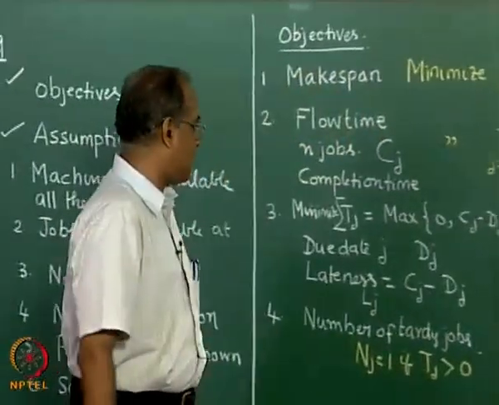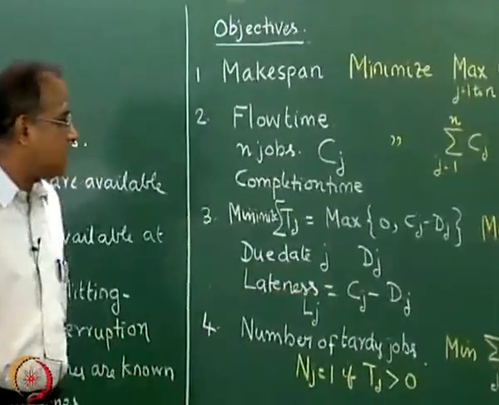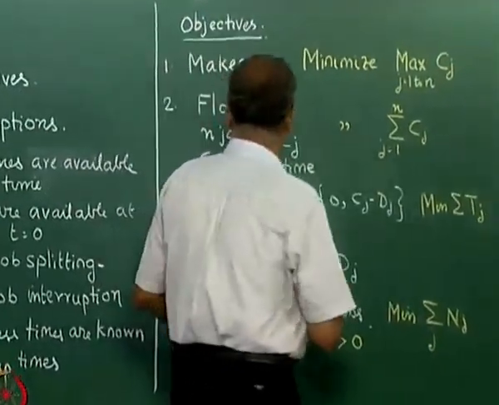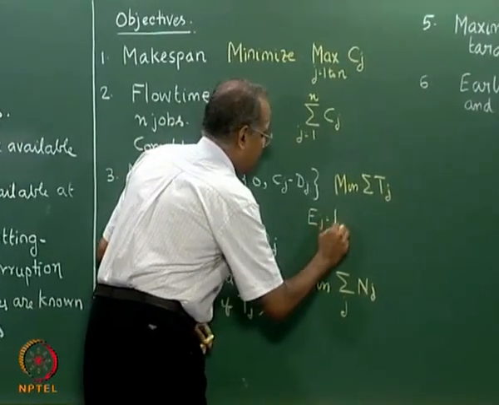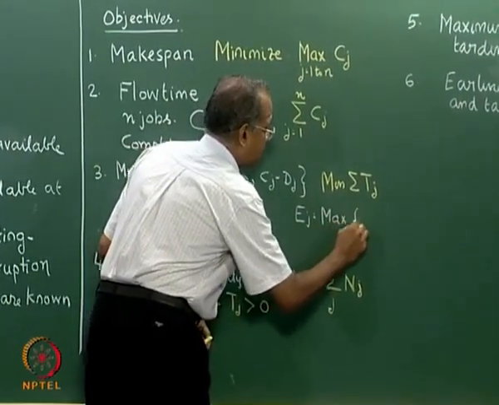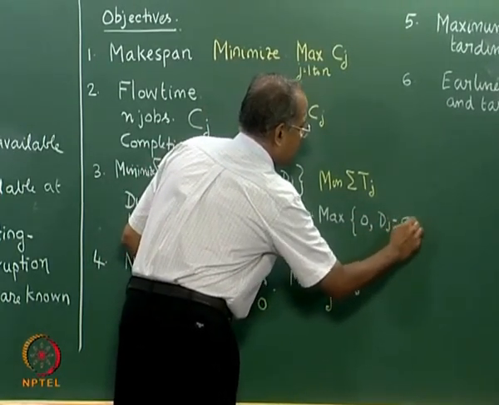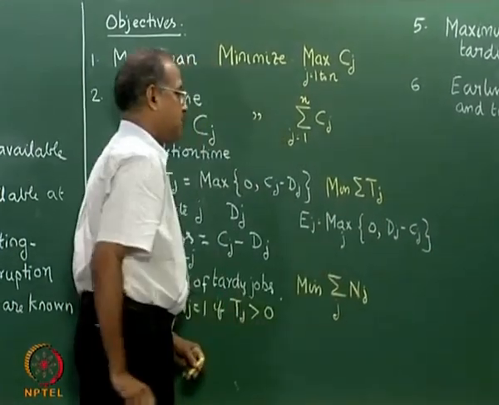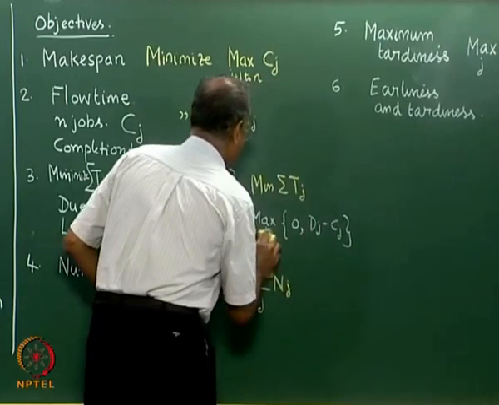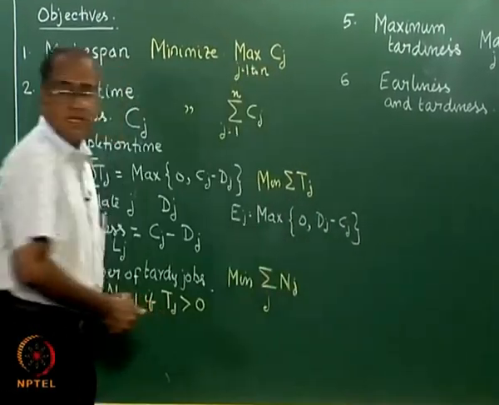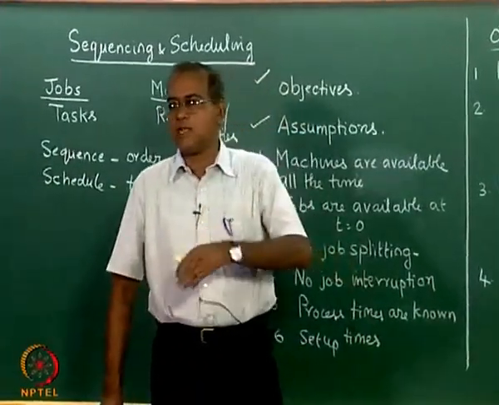Ej is earliness of j, which has been defined earlier but not written here. So earliness of j, Ej, will now be max of 0, dj minus cj. So you try and minimize both earliness as well as tardiness.